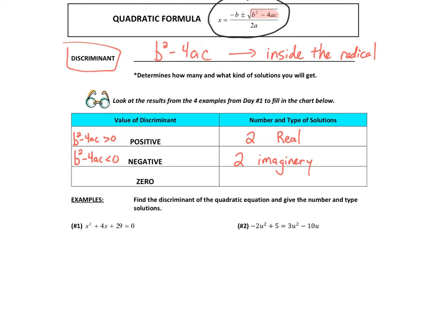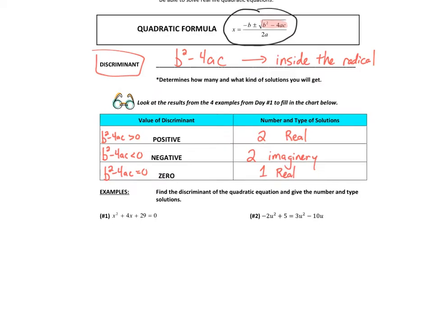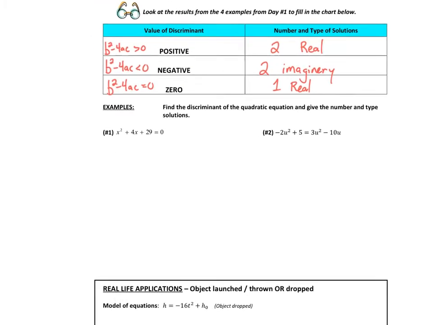This is when we have something like 1 plus or minus i square root 2, when there's an i in the answer. And lastly, if b squared minus 4ac is equal to 0, then we get one real solution. This one we only have one answer.